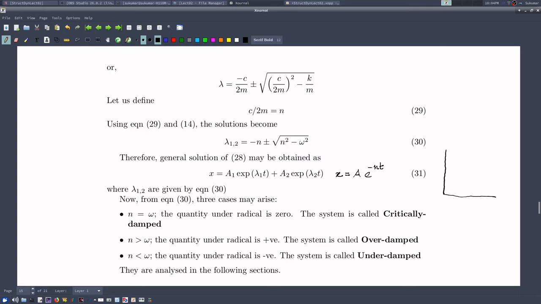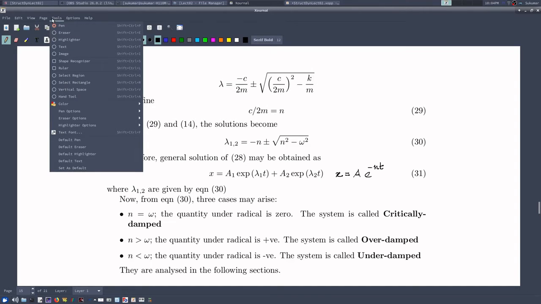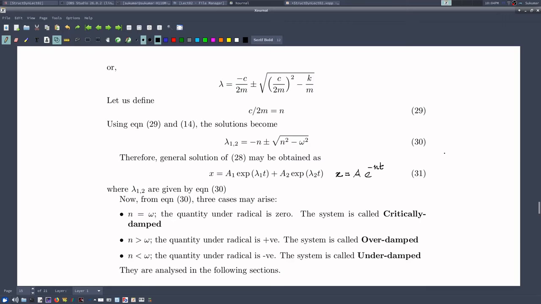It will be something, I'm sorry, so I will have an exponentially decaying function, something like this.